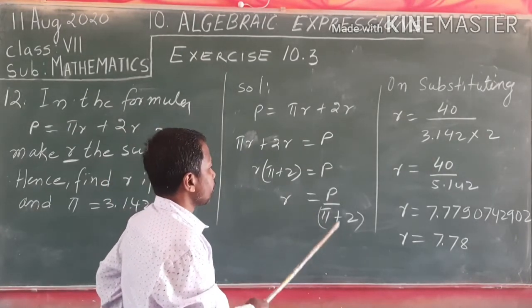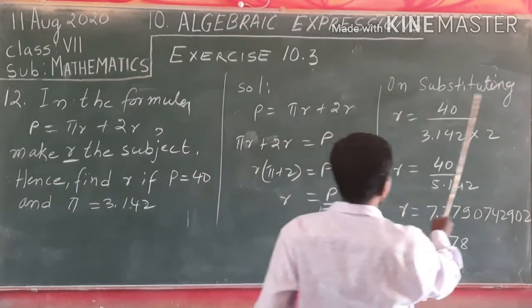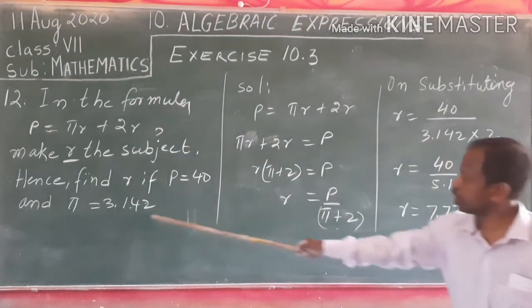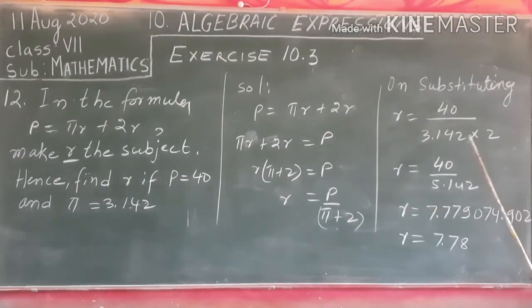Division, here on pi plus 2. On substituting, we get r is equal to 40 upon 3.142 plus 2. In place of pi, we write 3.142, and 2 comes. On adding, we get 5.142.